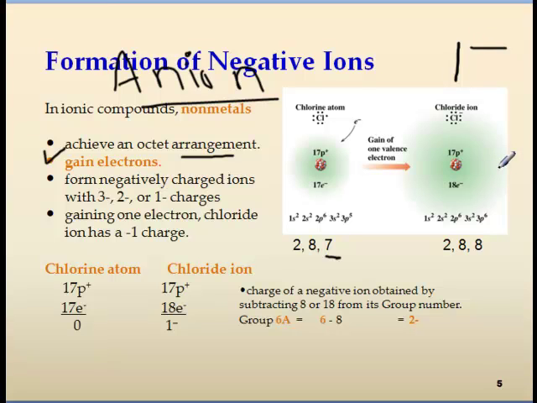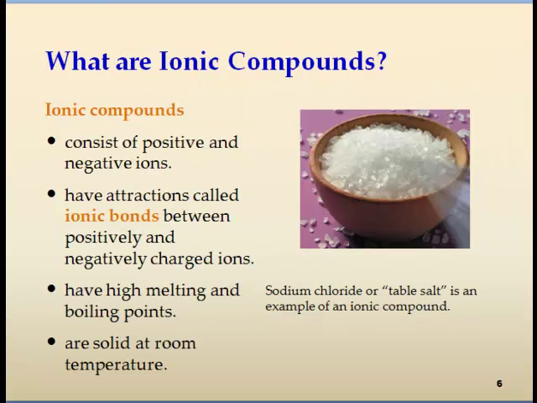Now at this time I want to reinforce that non-metals, everything on the right of the zigzag line, will always form negative ions, and everything on the left of the zigzag line will form positive ions. An ionic compound is a compound that consists of positive and negative ions.